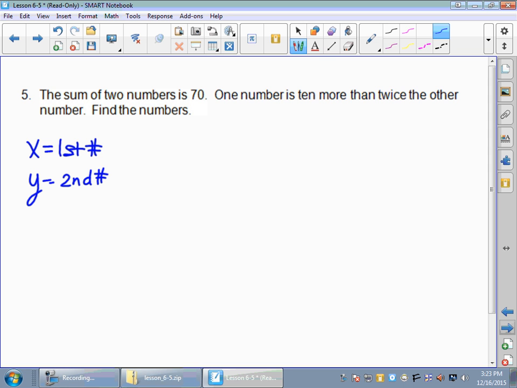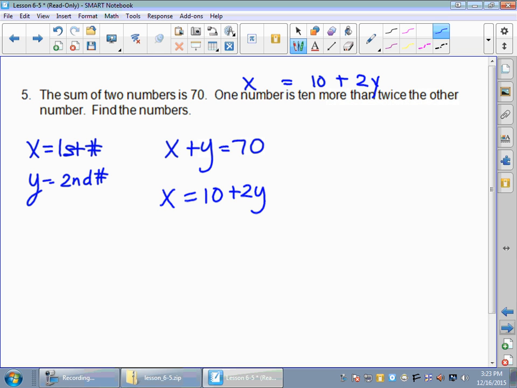And so the sum of the two numbers is 70. x plus y is equal to 70. One number, let's just call that x, is equal to 10 more than twice the other. So x equals 10 plus 2y.